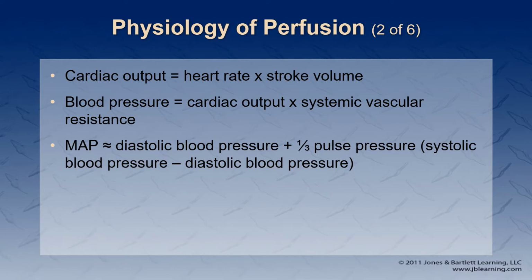So just a quick review. I already mentioned cardiac output is the heart rate times the stroke volume. So your blood pressure is what the heart is pumping out times the resistance in the blood vessel. So for my fire guys in here, the way to think about that is, imagine that you've got your water flowing through a line, right?